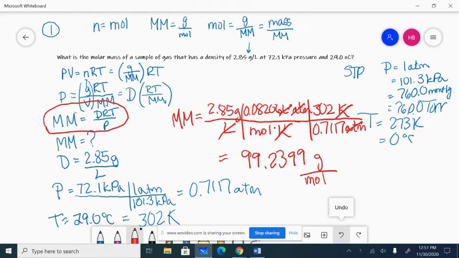So that's the molar mass of my gas, 99.23 grams per mole. You might also be given a list of known molar masses for gases. For example, oxygen is O2. That's 2 times oxygen, which is 16, or 32. You know this gas is not oxygen because it doesn't have the right molar mass. So you can identify what gas it is based on its molar mass.